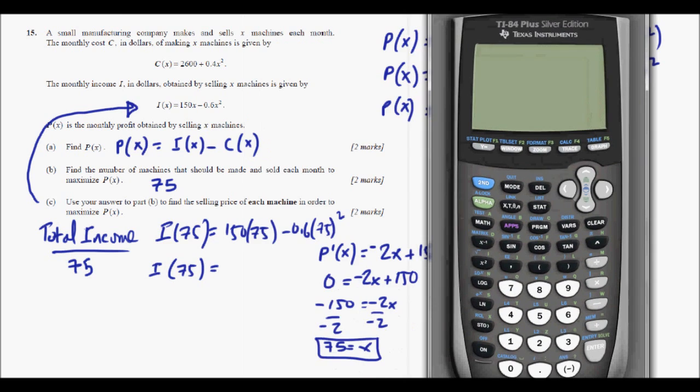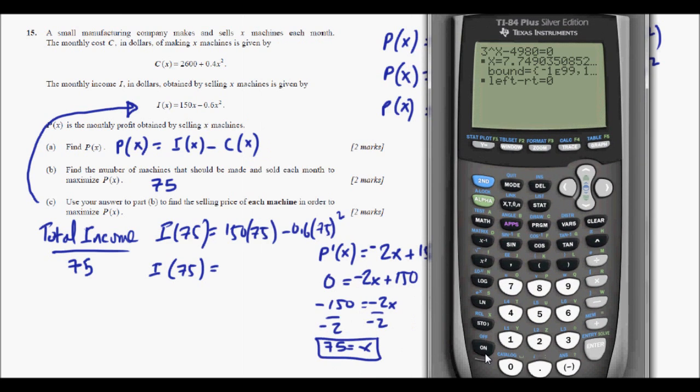So let's do this. It's going to be 150 times 75 minus 0.6 times 75 squared, and you get 7,875.